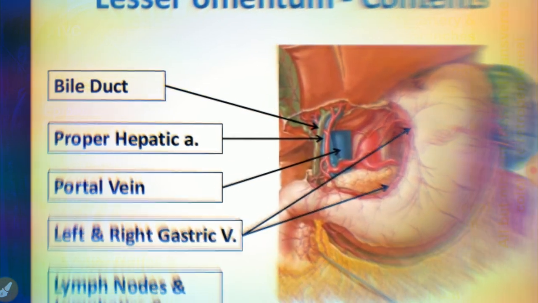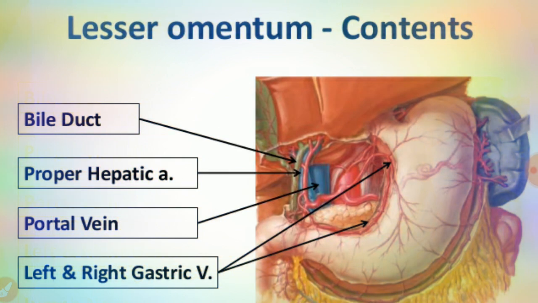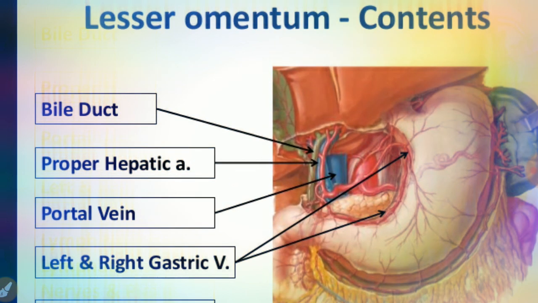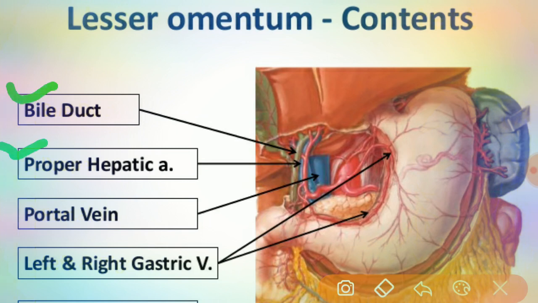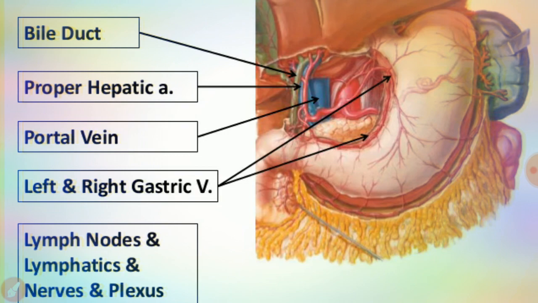Okay, see here the contents which come under the lesser omentum. There are 5 types of contents of the lesser omentum. First one is the bile duct, second one is the proper hepatic artery, third one is the portal vein, fourth one is the left and right gastric vein, and fifth one is the lymph nodes, lymphatics, nerves, and the plexus.